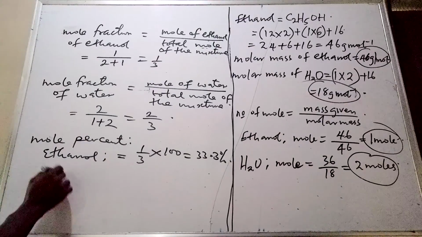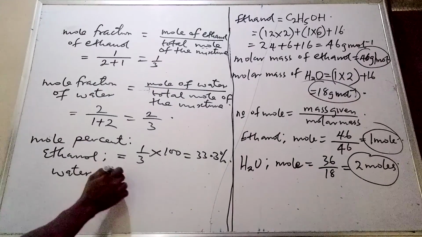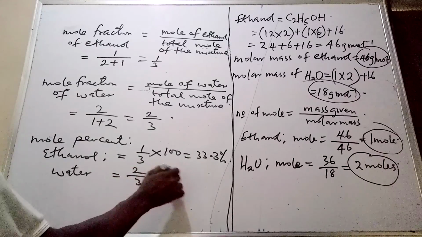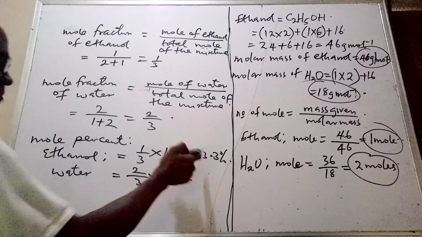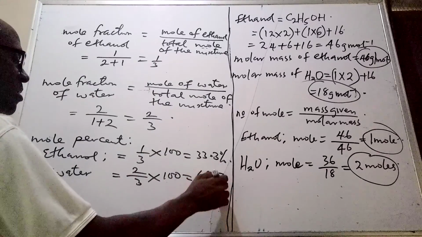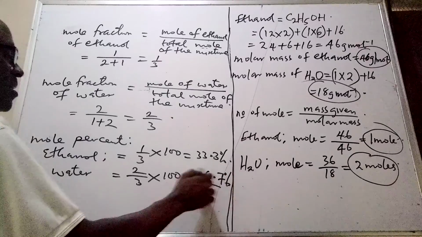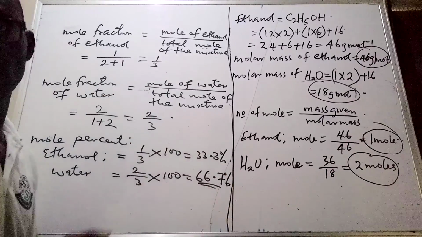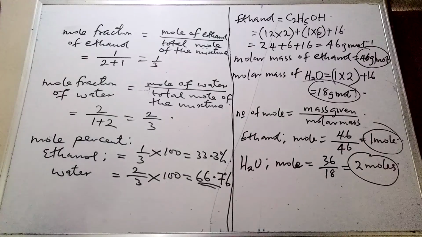And for water, that will be 2 over 3 times 100. That will be the double of this one, approximately 66.7%. And by the time you add them together, it must give you 100%. That is all.